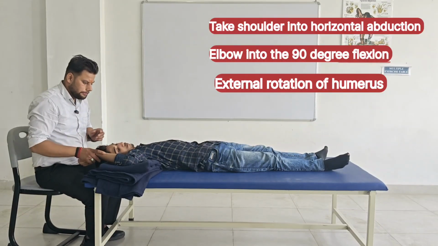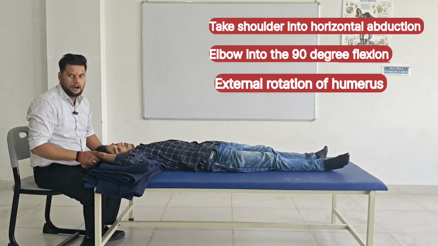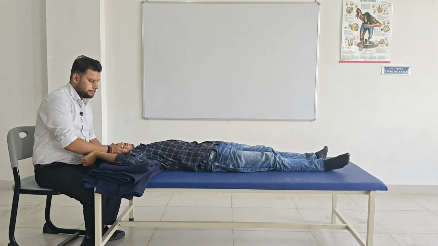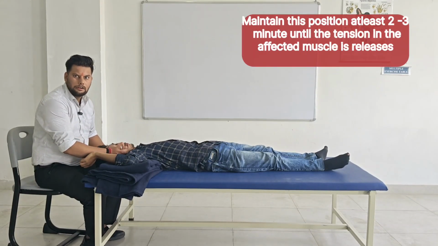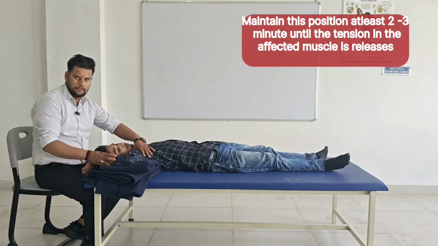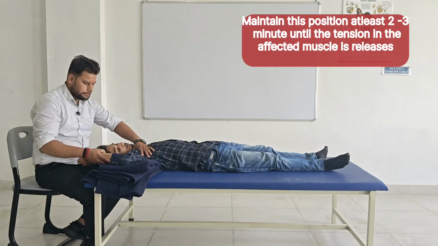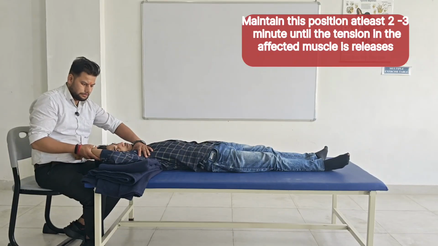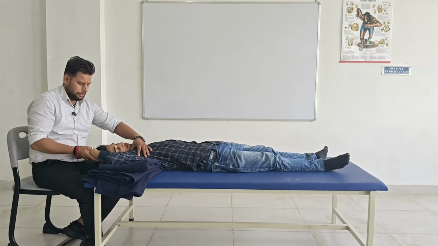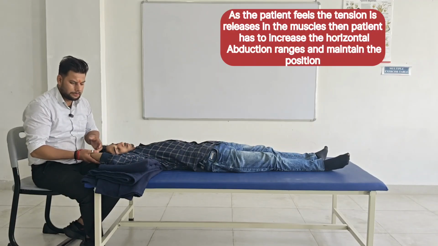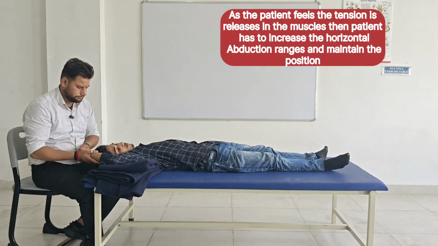Now stay in this position for at least 2 to 3 minutes until the tension is released in the dysfunction area. Now as the tension is released, you have to gradually increase your shoulder horizontal abduction range and ask the patient to hold in this position again for 3 to 5 minutes.